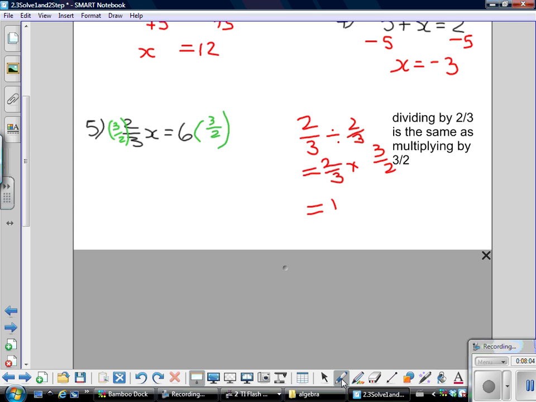The reason we did that is so the 3's are going to cancel, the 2's are going to cancel, and I'm left with x by itself equals. Okay, so 6 times 3/2 is the same as 18 over 2, or 3 times 3, which is going to be 9.